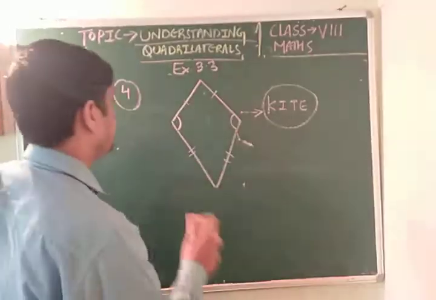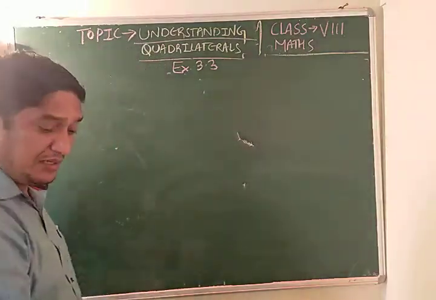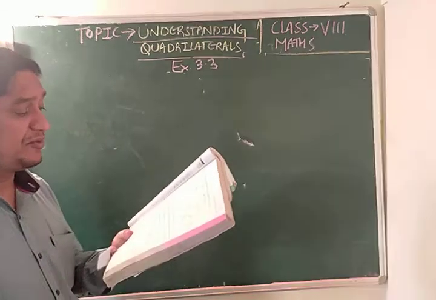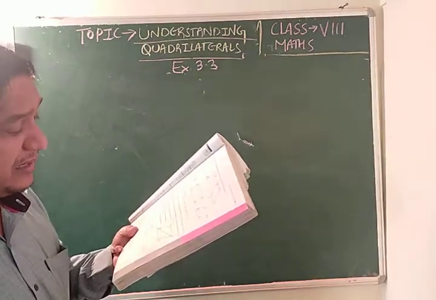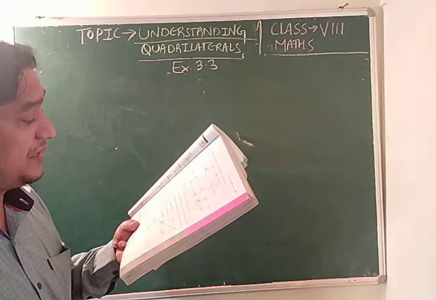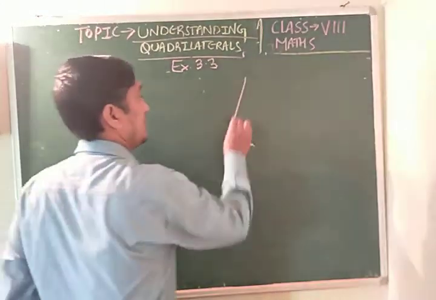Question number 5. In question number 5, what we have, listen. He says the measure of two adjacent angles of a parallelogram are in the ratio 3:2. Find the measure of each of the angles of the parallelogram. Here we have a parallelogram.